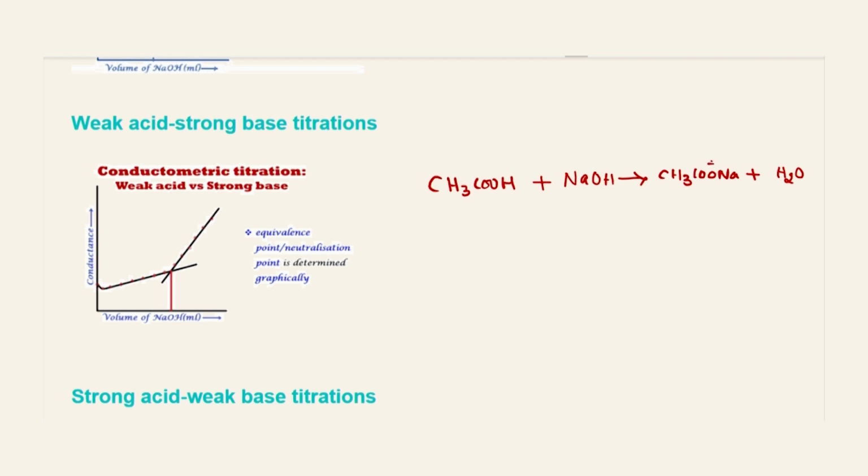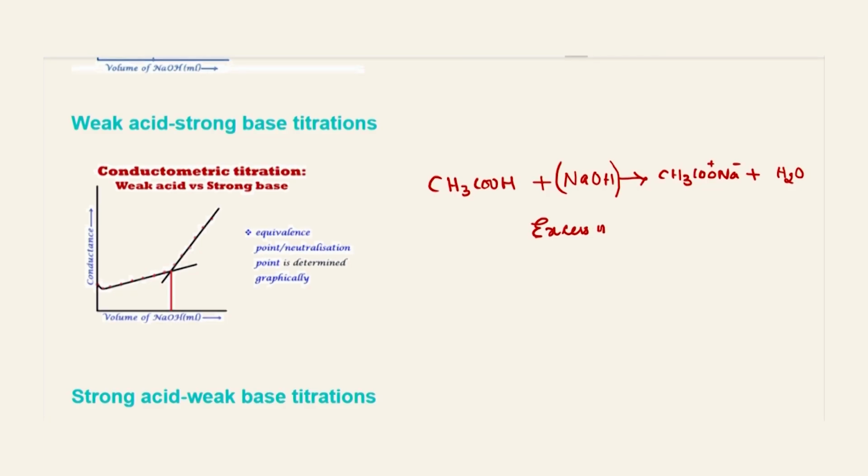In this case, NaOH is a strong electrolyte, but it is added from the burette, so it is not in the medium, and acetic acid is a weak electrolyte. A weak electrolyte has very little conductance. Once it has been converted into a strong electrolyte, its conductance increases. After the equivalence point, you have excess NaOH with the fast moving hydroxyl ions, and then conductance increases steeply.